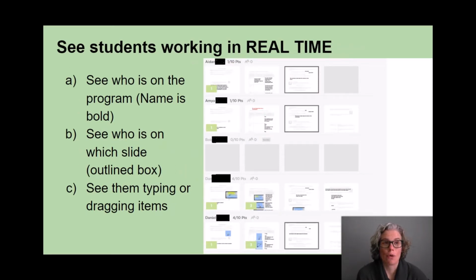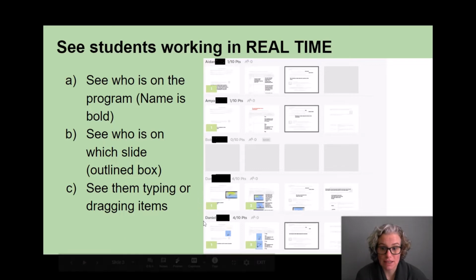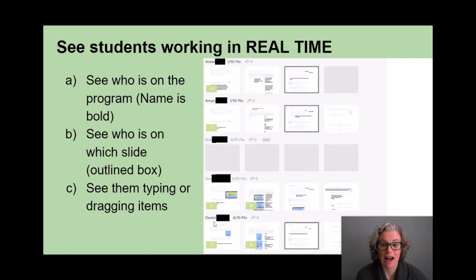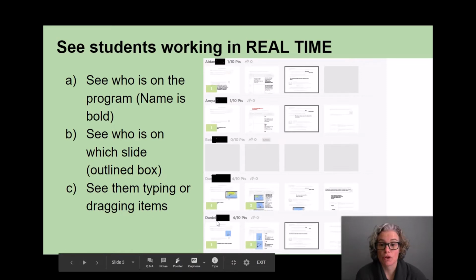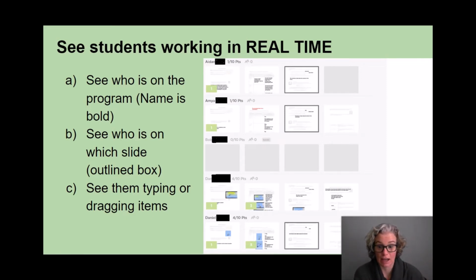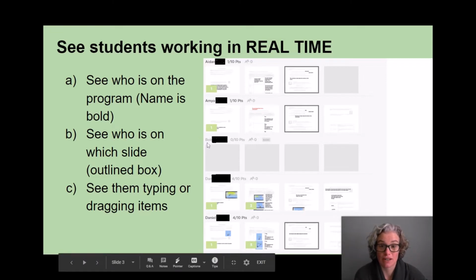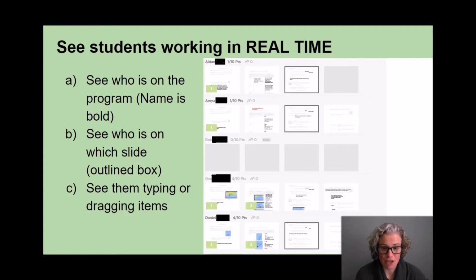All right, so this is by far the best part: you can see them in real time. Kids' names in bold tell us that they're in the program. So when you're first having kids sign in, you can identify, like, hey, Bob, why are you not signed in yet? Okay, I need to see you sign in. Are you having trouble? It highlights around to show, like, Amaya is on slide 3.